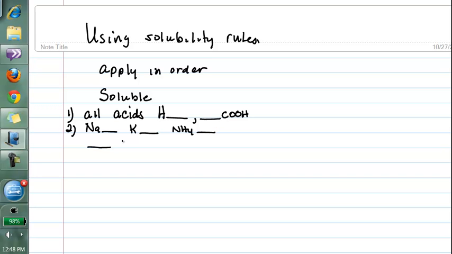Also, compounds that end with the nitrate ion or that end with the acetate ion will be soluble. And for these, all compounds. So basically, if you see sodium, potassium, ammonium, nitrate, or acetate in a compound, you should assume that that compound will dissolve in water.